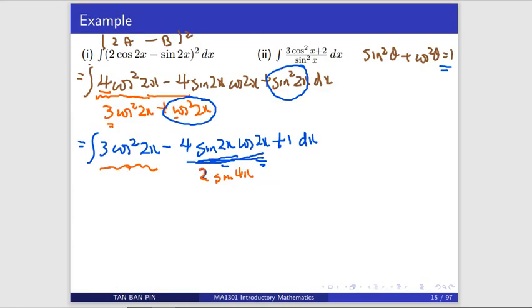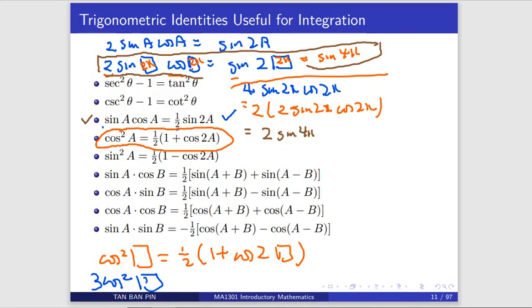We're looking at 3 cosine square 2x. So there's a 3 outside, and the 3 you do later. It means you fill in 2x. So cosine square 2x is half bracket 1 plus cosine 4x.